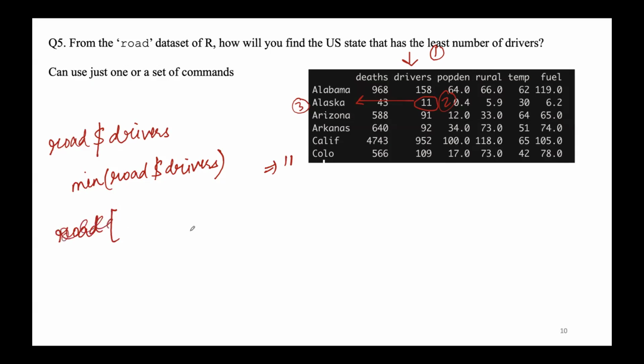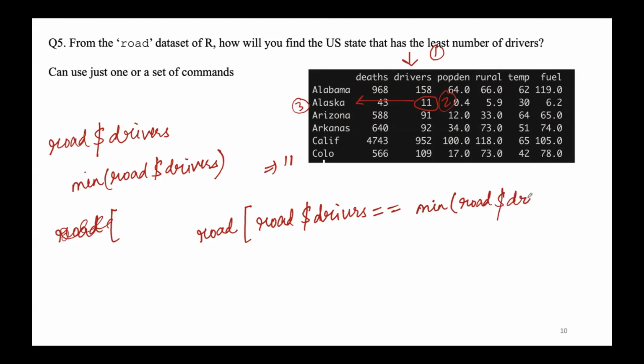So I'll write road, and I'll write road dollar drivers is equal to the minimum of road dollar drivers.